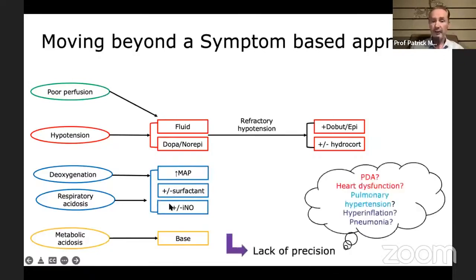But if we put all of these symptoms together and think of a unifying pathophysiology, things like PDA, heart dysfunction, pulmonary hypertension, pneumonia, or other forms of lung disease may all give these symptom complexes. And if we just think from a symptom-based approach, we're highly unlikely to move the needle forward.